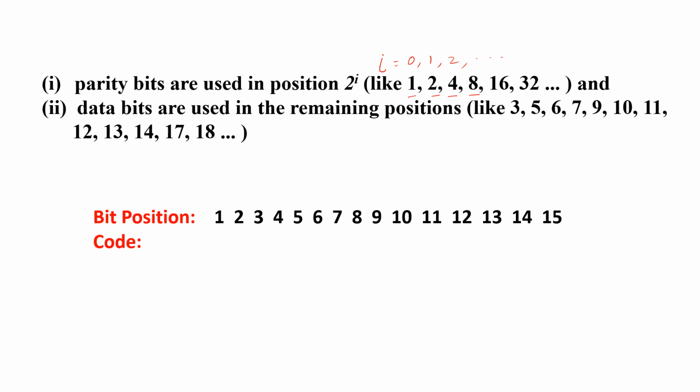In bit position 1, the parity bit will come, so P1. We saw that in positions 1, 2, 4, and so on, the parity bit will come. So P1 here, P2 in position 2, and in the third position the data will come.